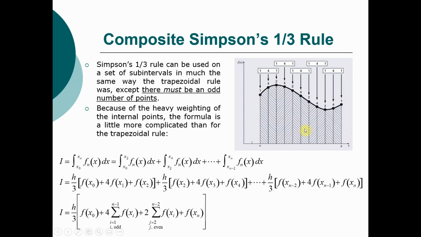If we do that, again, our accuracy is going to increase. So here we need to do more effort. We have to find the value of the function at more data points, but the benefit of that is our answer is going to have less error, right? And this shows you the formula for the composite Simpson's 1/3 rule. Remember that h is the distance between two adjacent data points. So h is going to be this value in this case, right?